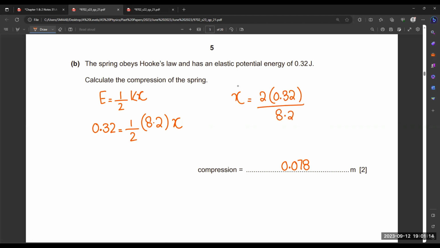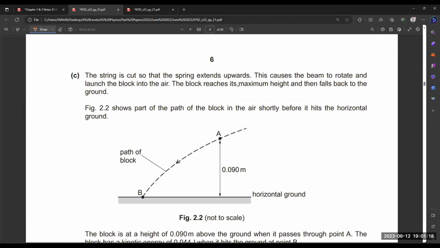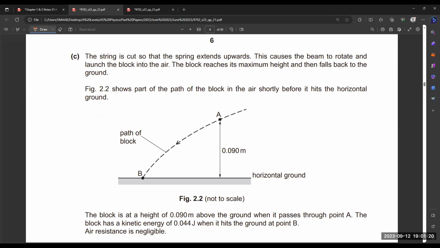So this is the concept of the second question, right? There is part C also of this question. The string is cut so that the spring extends upward. This causes the beam to rotate and launch the block into the air. Now you can understand what is actually happening, because from the corner of the rod, it is tied with the string.